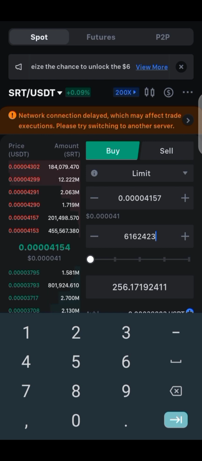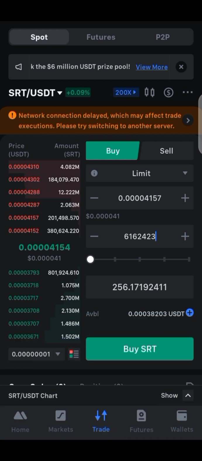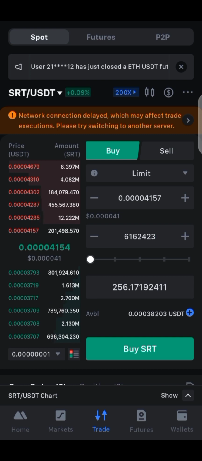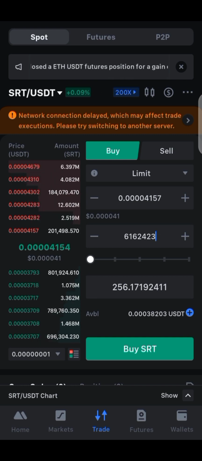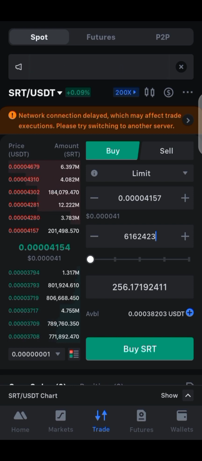We started this with 250 USDT and we have been able to accumulate another 6 USDT added to the 250, making it 256 USDT. So our profit here is 6 USDT. Is this not awesome? You can see there is liquidity moving right now.